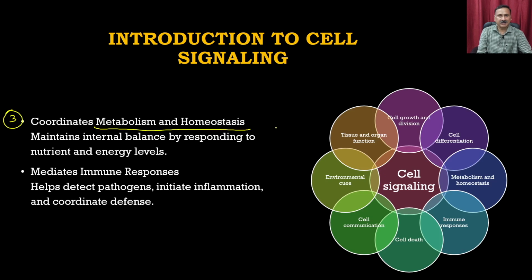One of the classical examples is what we discussed with glucose, right? When there is an uptake of glucose, the glucose is going to be utilized in the downstream carbohydrate metabolism, right? So that is required for maintaining the internal balance by responding to the nutrients and the energy levels, right?